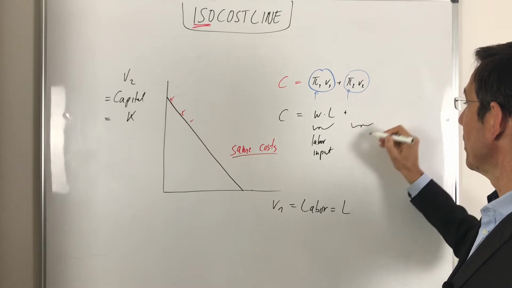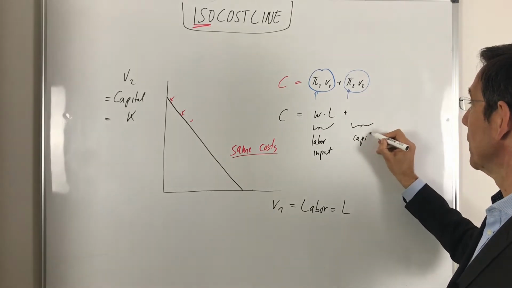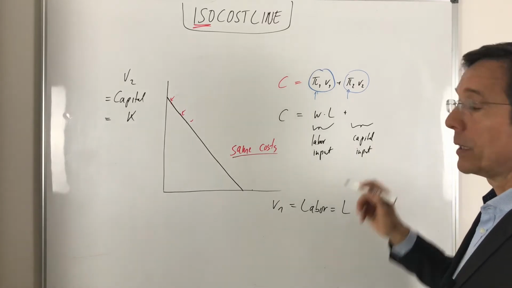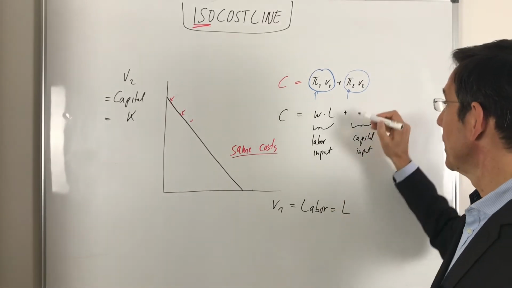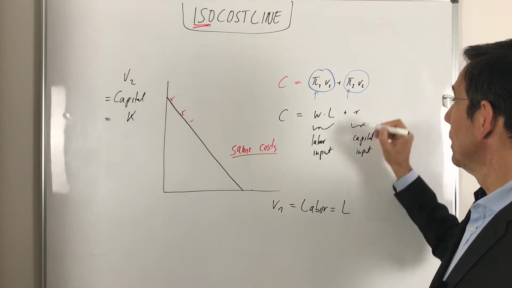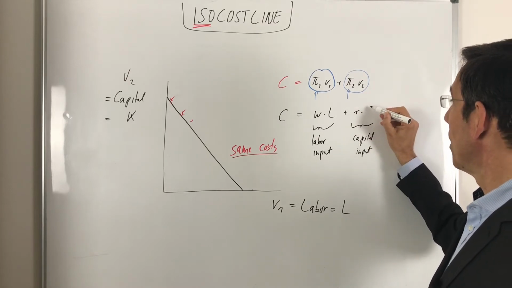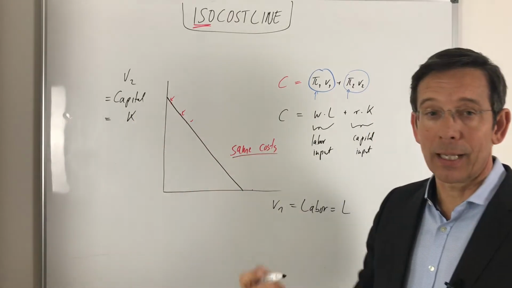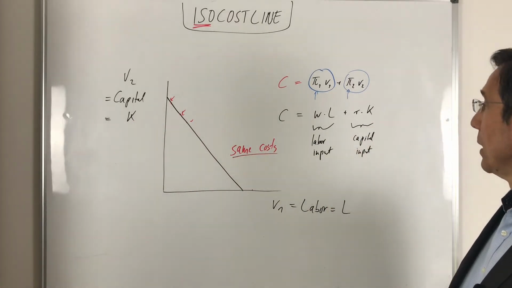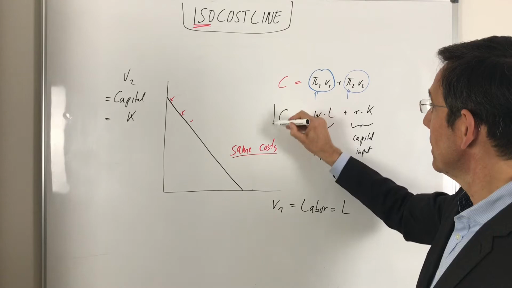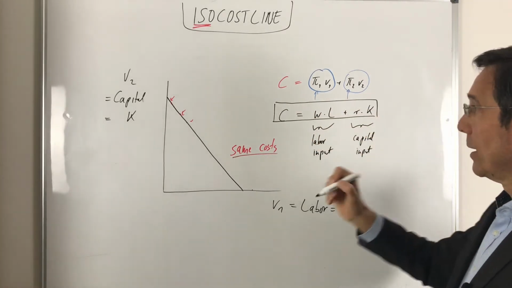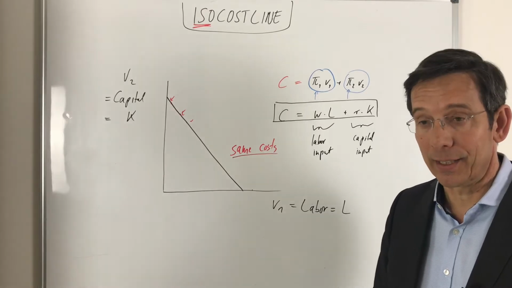What are the costs of capital input, like machines? Well, typically you pay an interest rate, small r, for capital, R times K. We said capital K stands for capital. So this is the equation for the isocost line.